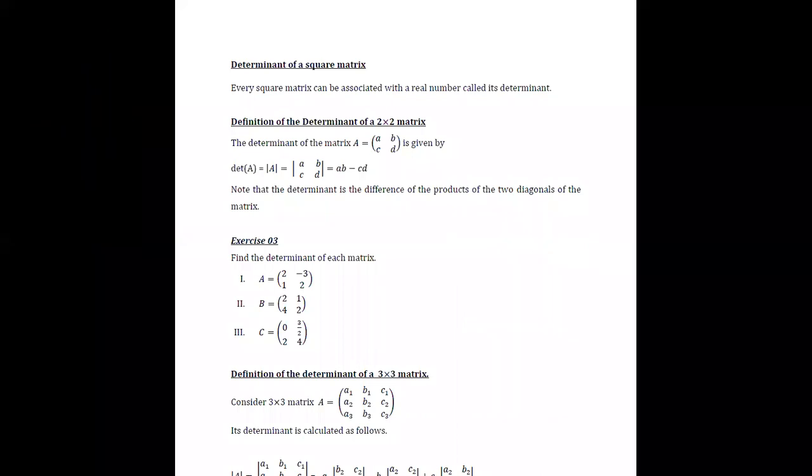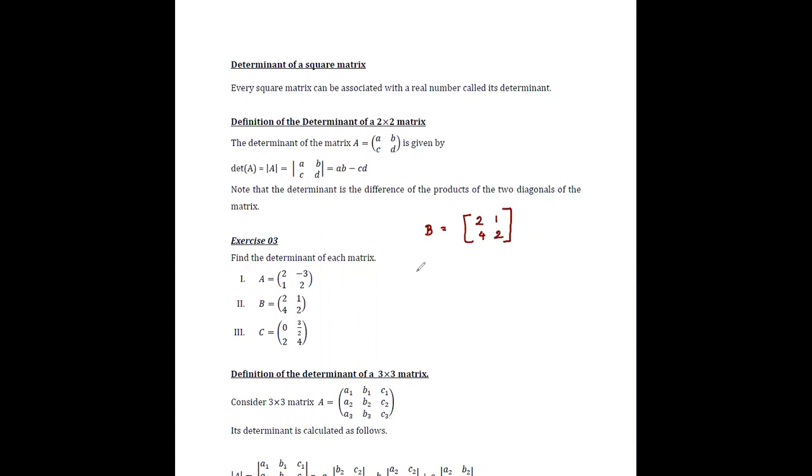If you look at another example, the next example, if I take the second one, here we can say that matrix B is given as 2, 1, 4 and 2. If I ask to take the determinant of the matrix B, we can write down the elements inside this notation.